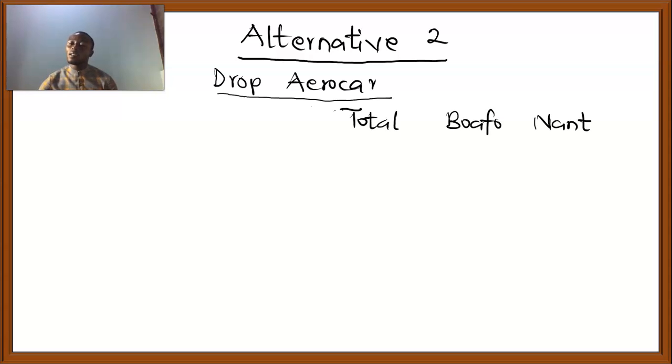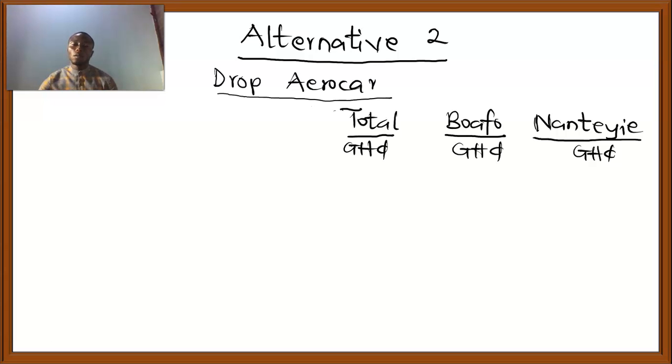We are not including EROCA because here we are preparing the financial statement again, having in mind that we are dropping EROCA. So we start with sales. We are just re-preparing the financial statement again.